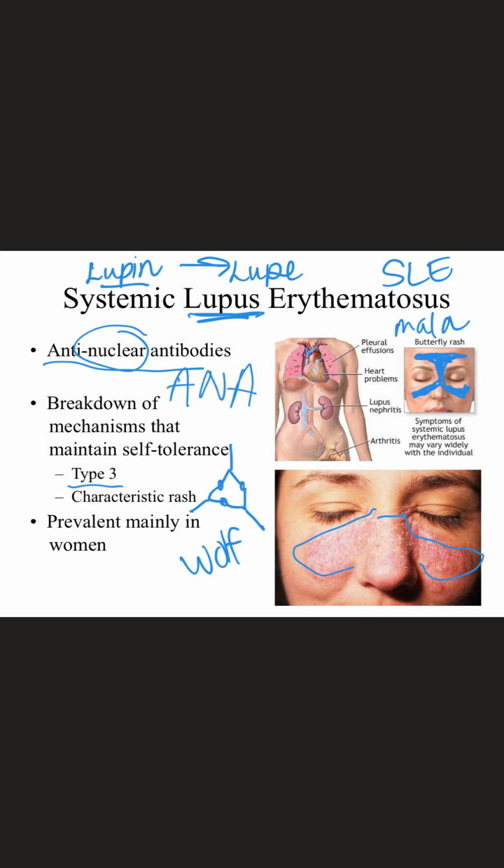When these things get stuck in the vessel, so if this is a vessel wall with its endothelium, and here's a little antibody complex. Remember, every cell tagged with antibody is tagged for destruction.